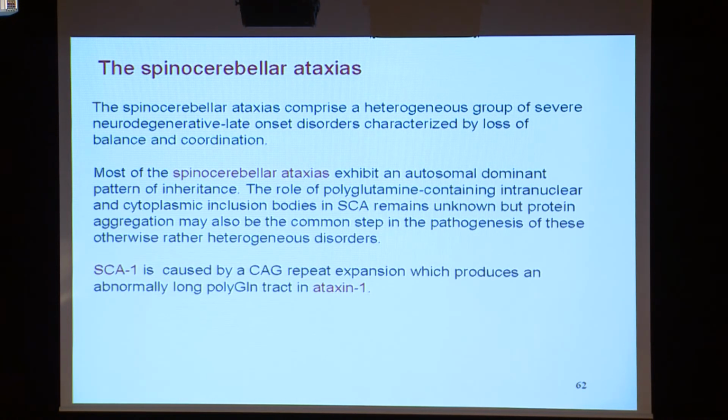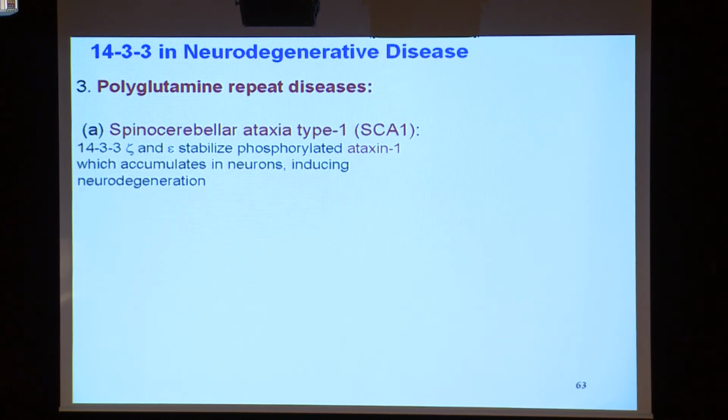The protein involved in spinocerebellar ataxia 1 is caused by the CAG repeat expansion in a protein called ataxin 1, and you're looking at that. So, where does 14-3-3 come in?